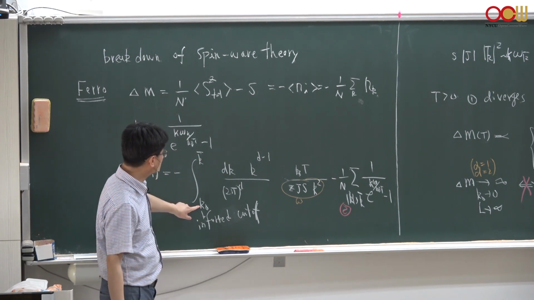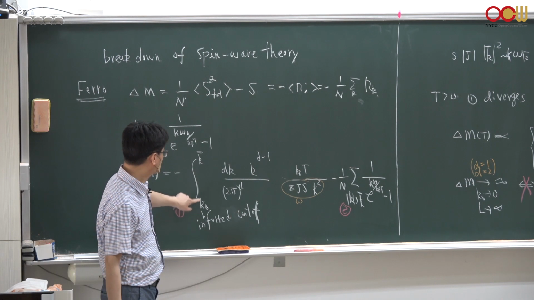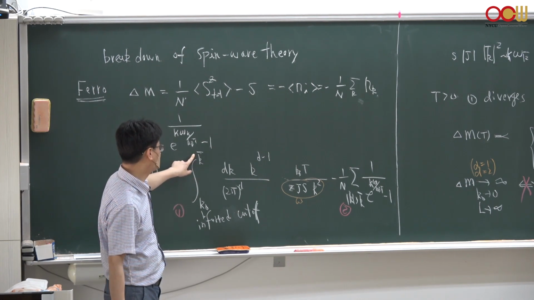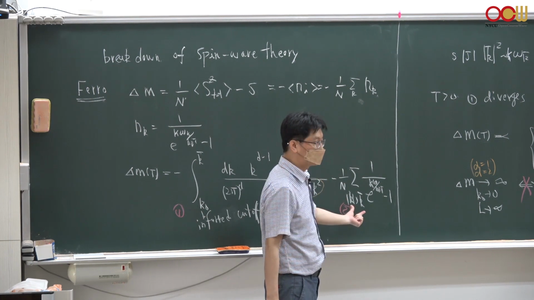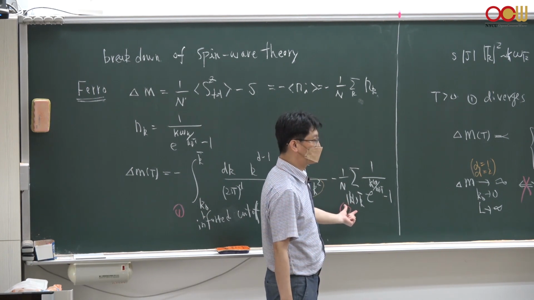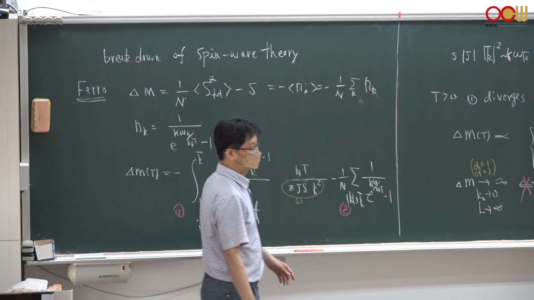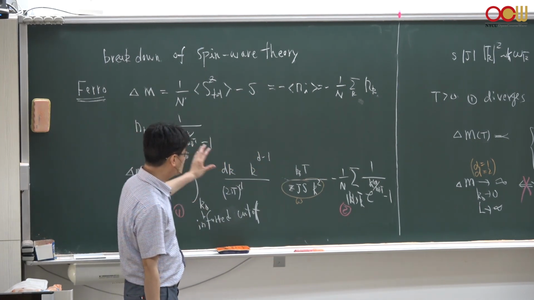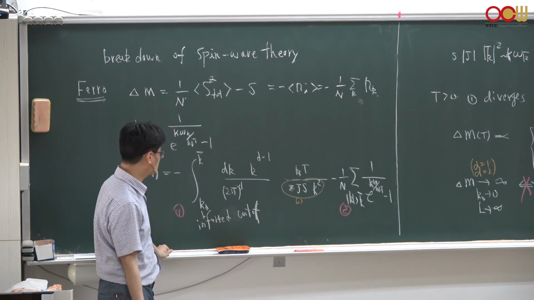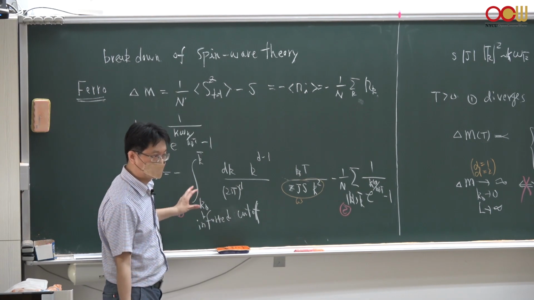One is the integration over k from a small value k0 to some finite value k bar, and the second term is where we go beyond k bar to almost infinite k. The reason why we separate these two summations or integrations will become clear in just a moment.